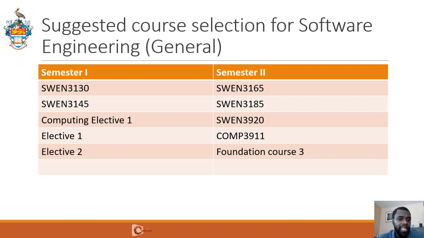You can take a computing elective, for example, the SWEN 3120 course, and then 2 more electives from anywhere within the university, as long as they're advanced. In the second semester, you take SWEN 3165, SWEN 3185, SWEN 3920, Comp 3911, the 3-credit internship course, and your 3rd foundation course.